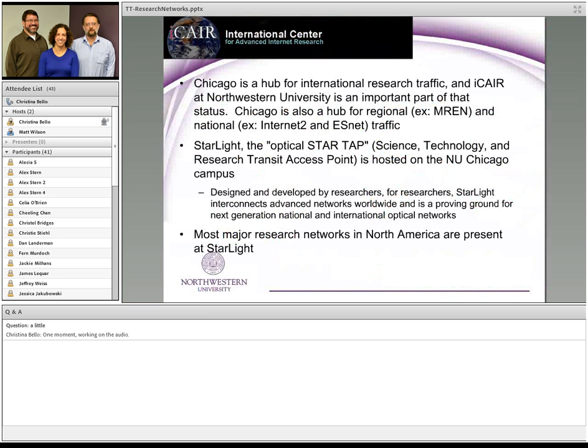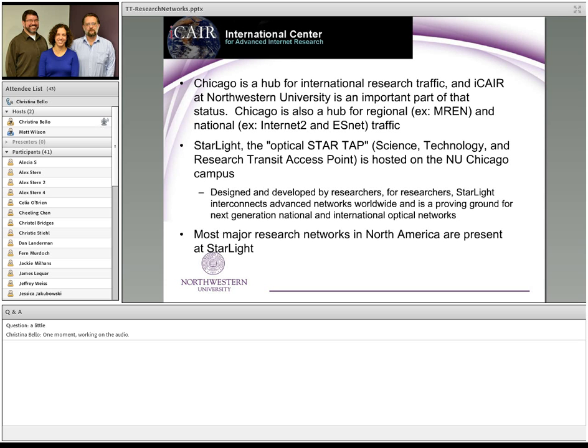Briefly, we're in a unique position because iCAIR, the International Center for Advanced Internet Research, is at Northwestern. It allows us to not only have access at Northwestern itself, it helps establish Chicago as a premier hub for international research traffic.